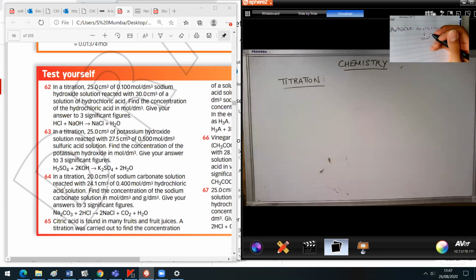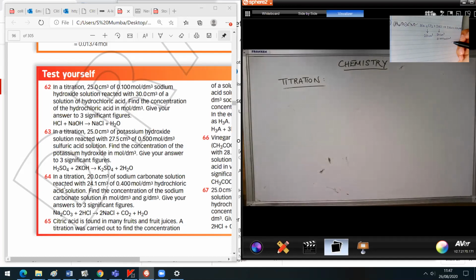And then reacted with 24.1 centimeters cubed of 0.4 moles of hydrochloric acid.